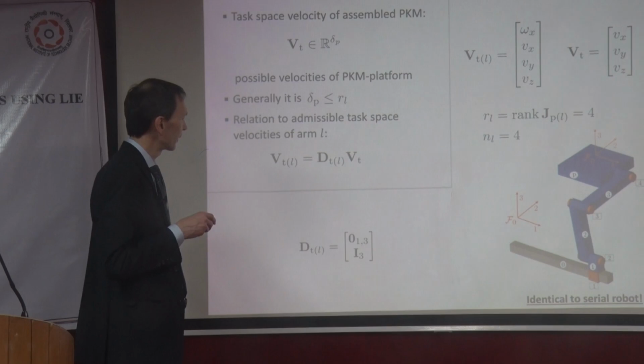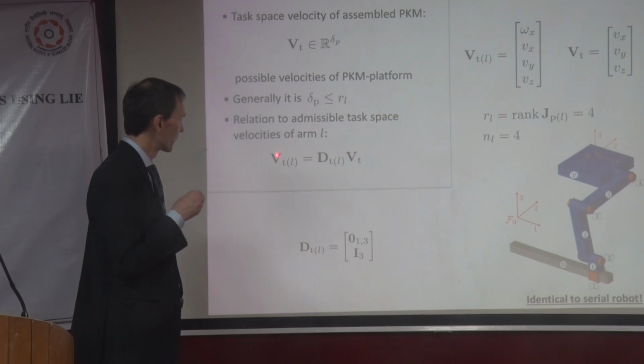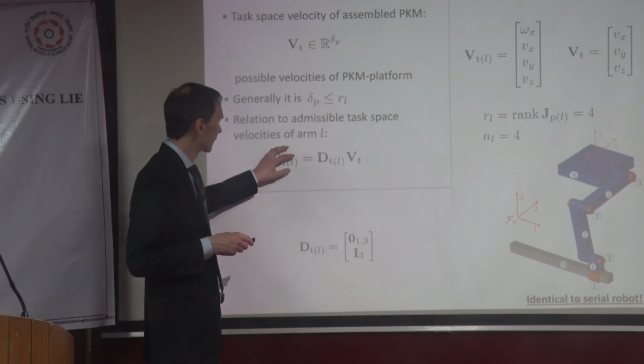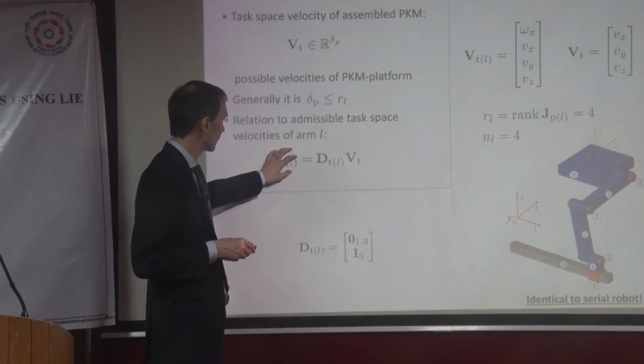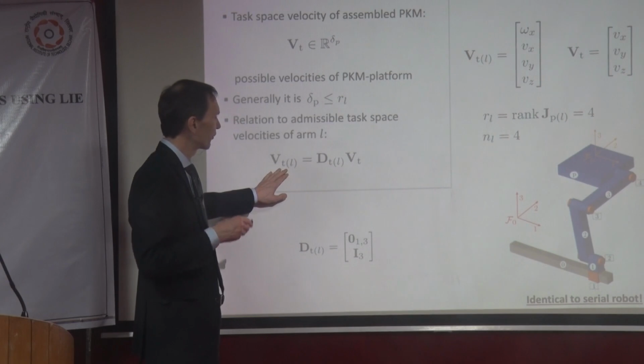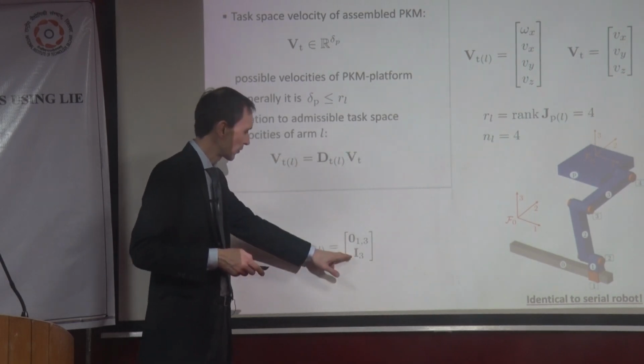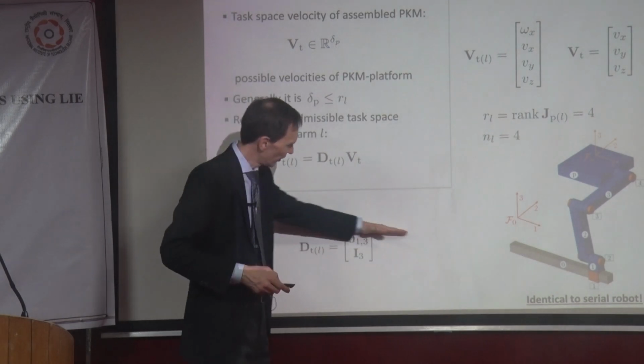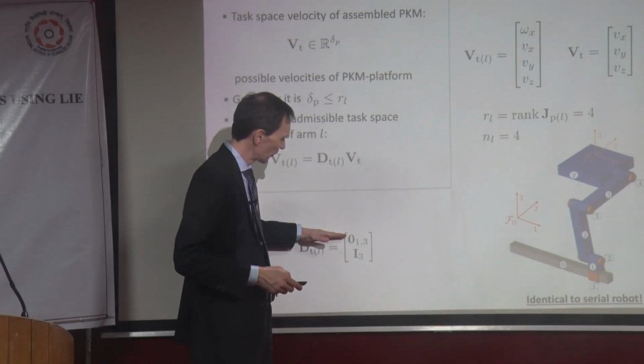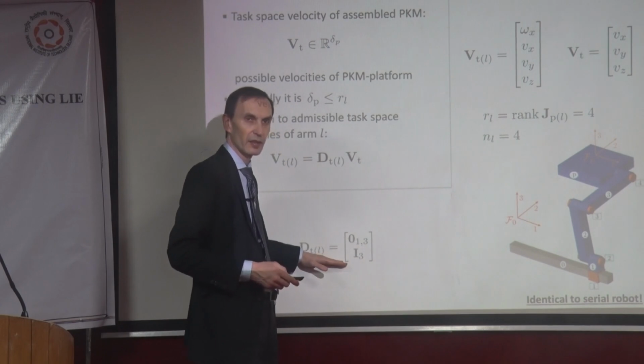Now what we're saying here is the admissible task space velocity of the limb is then obtained from the task space velocity of the PKM by just using that matrix. What does it do? You have a 0 column, 3 zeros, and then we have the 3 identity matrix.